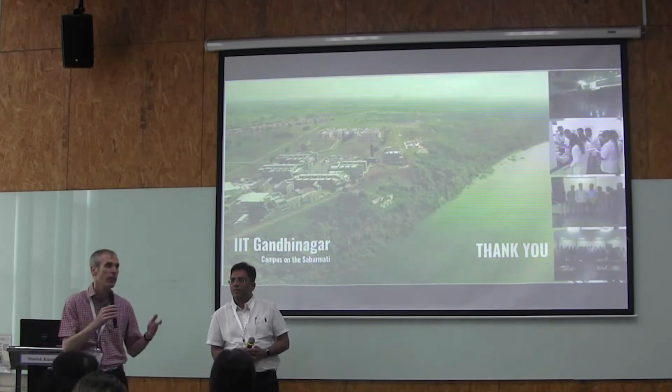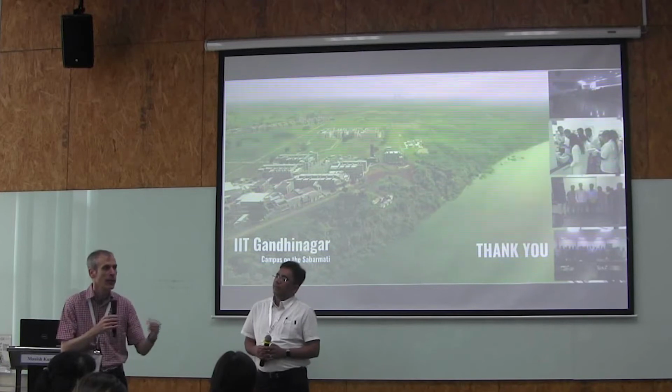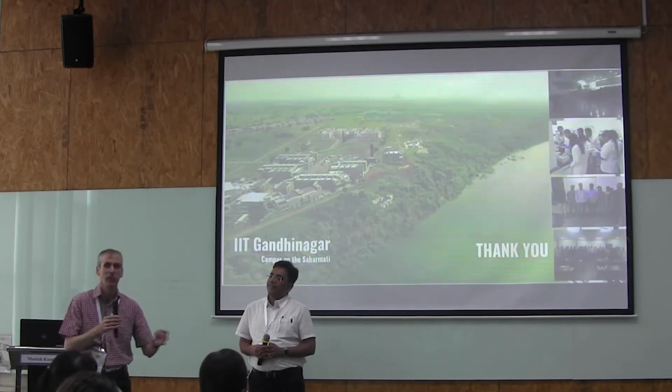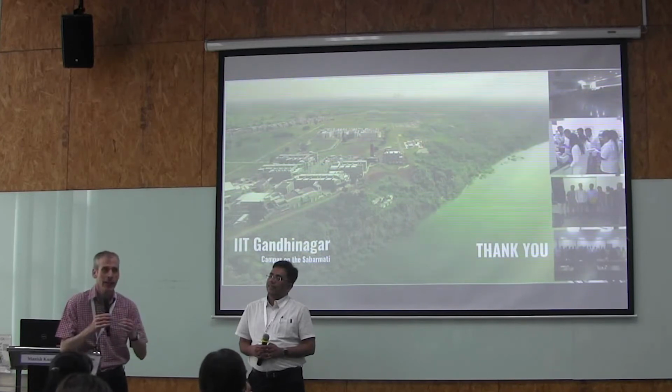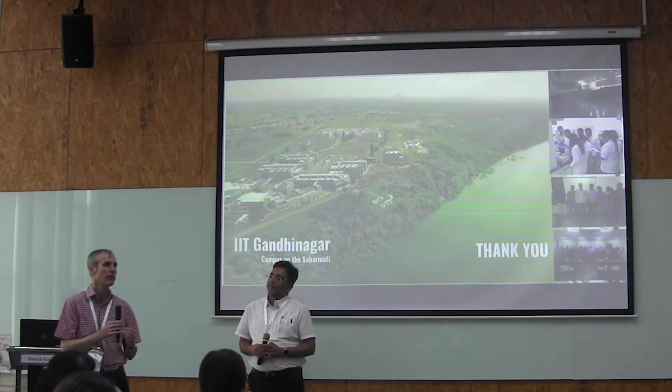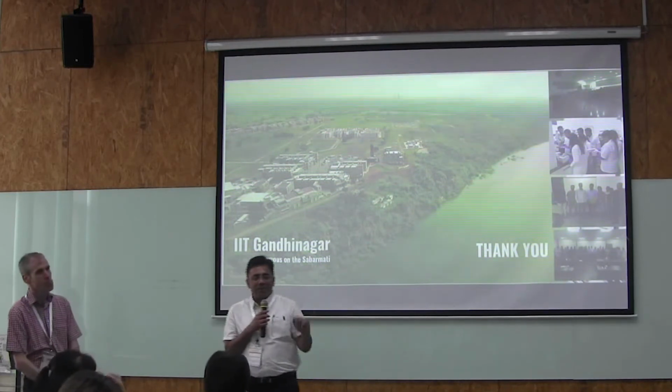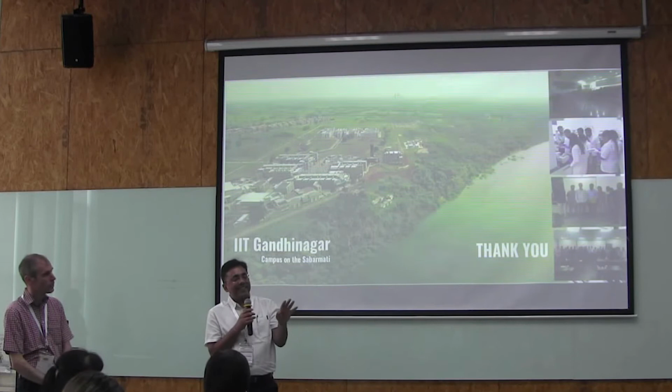Every time you cross a bridge, cross the river here, you pay a toll. So you're willing to pay for infrastructure. You also need to be willing to pay for wastewater. That's the solution.